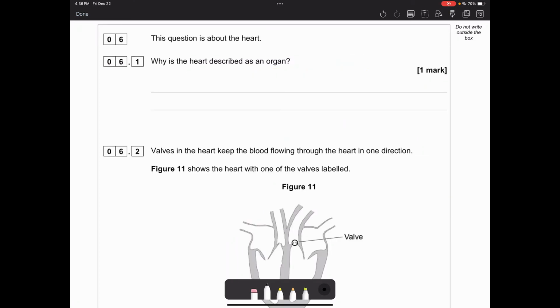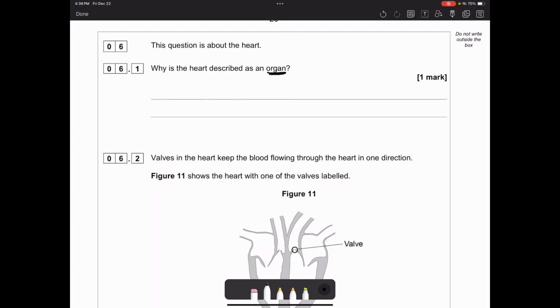Okay, so question 6 then. This question is about the heart. Why is the heart described as an organ? So this is your definition of what is an organ. You need to remember that it goes cells, tissues, organs, and then you've got organ systems. So what is an organ? Well, it's a group of tissues working together.